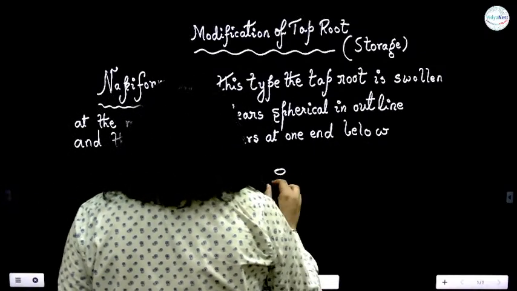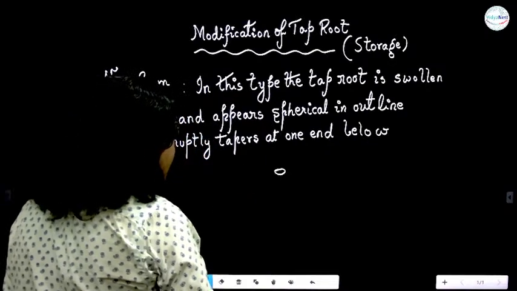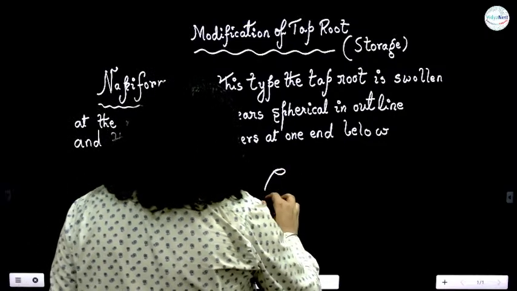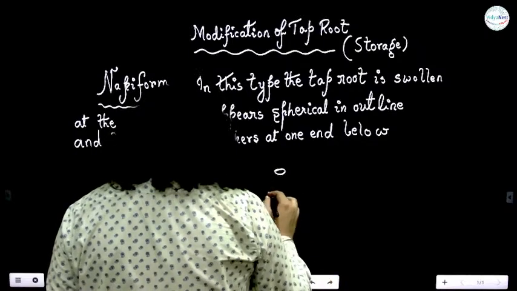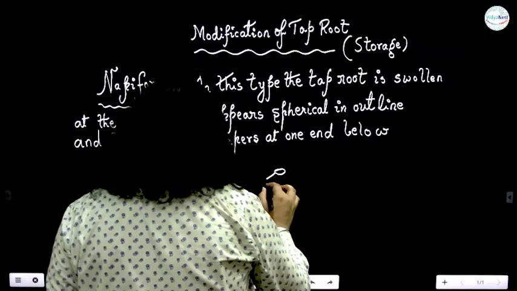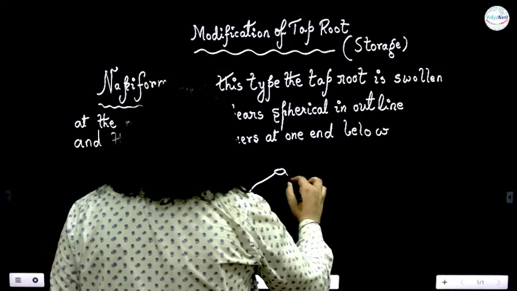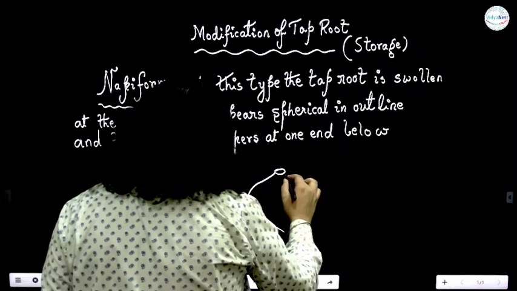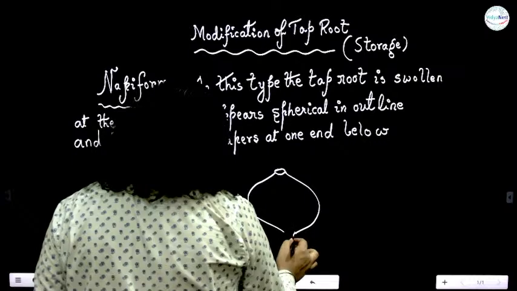This is the stem, which is also disc-shaped, and I told you what this disc-shaped stem is known as. This is known as the acaulescent stem. From this acaulescent stem, this type of root will become highly swollen at the middle in this manner, in this way, and they will taper.